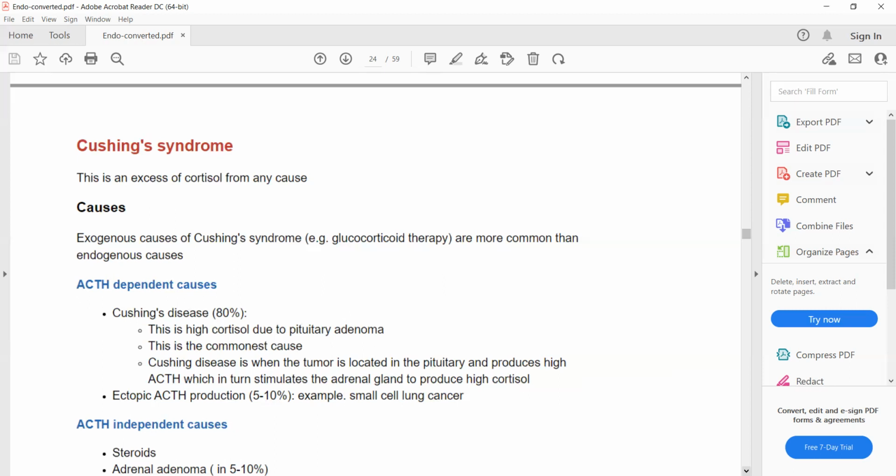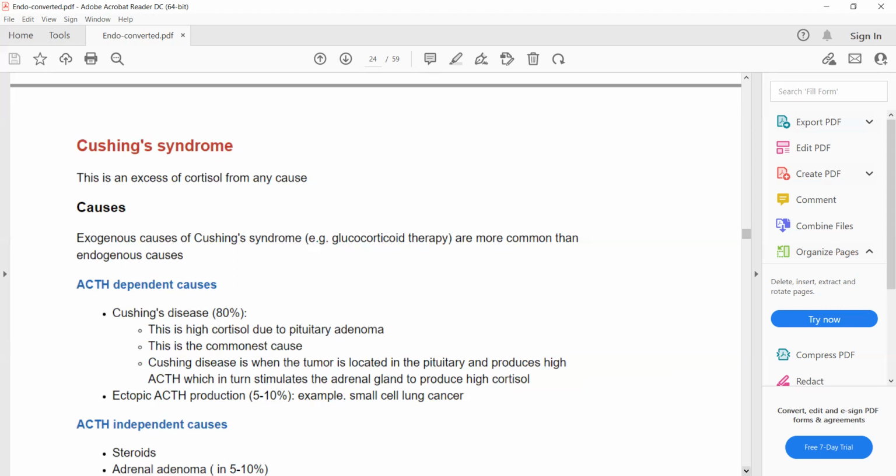Remember that the most common cause of Cushing syndrome is exogenous intake of steroids.